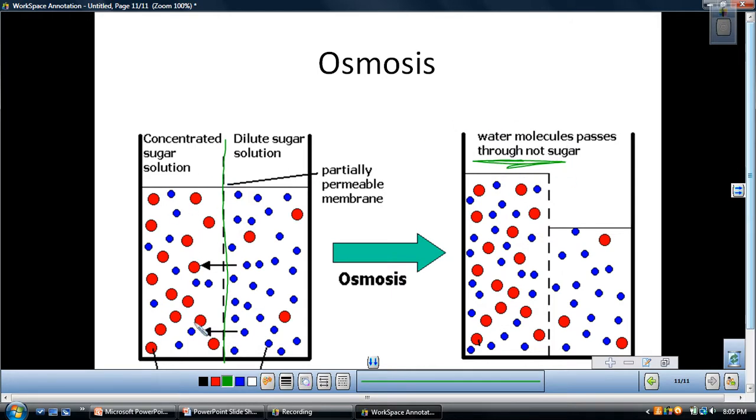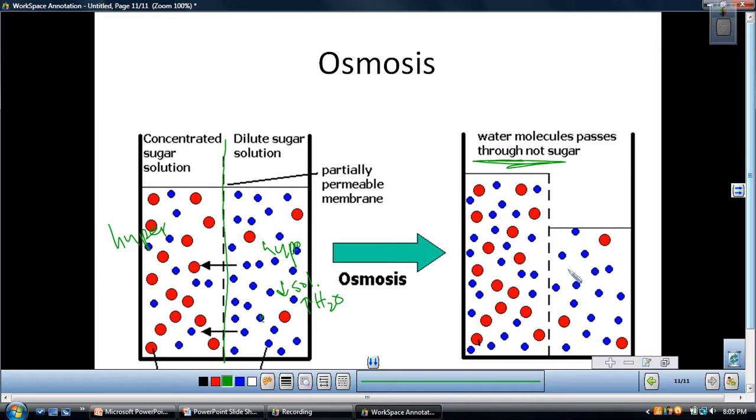So if I start off like this in my first picture, you can kind of see that the concentrated sugar solution is on the left. So this side would be hypertonic. Okay, hyper on the left. This side is hypo, and hypo means less solute, high in water. The water is blue, so there's a lot of water on this side.